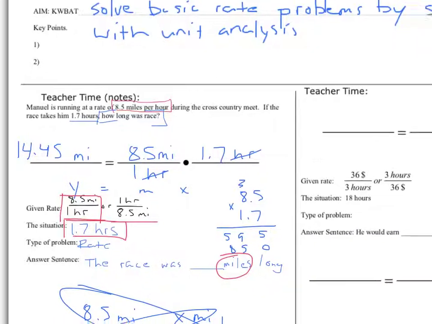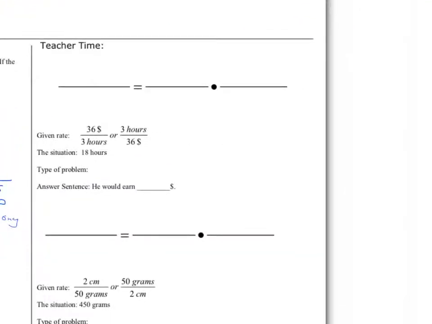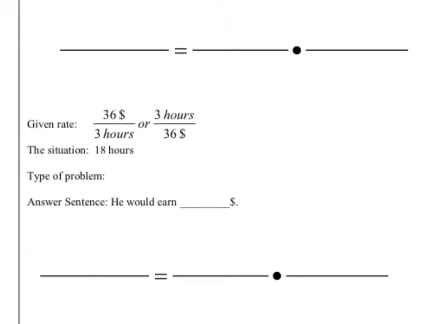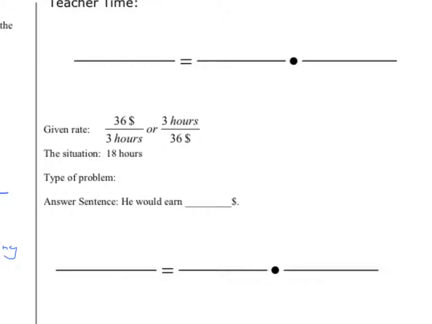All right, so let's look over here. So I wanted to take all of the reading of word problems kind of out of the work for today. I wanted to focus mainly on being able to set things up so you can see that I've already basically pulled all of this information out of a word problem. So we could kind of imagine this word problem as saying, hey, somebody makes $36 in 3 hours.